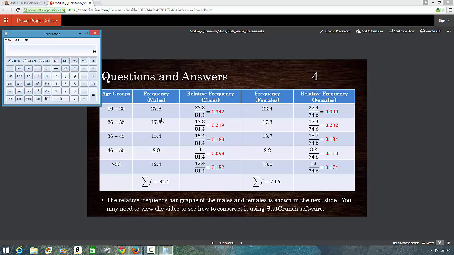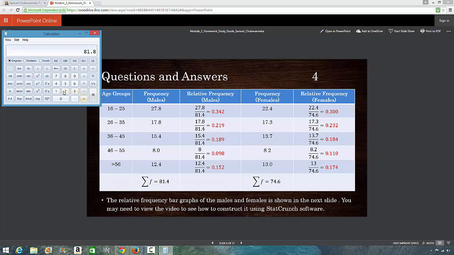Remember this is in thousands, but that is fine. If you add 27.8 plus 17.8 plus 15.8 plus 8.0 plus 12.4, that gives you 81.8.